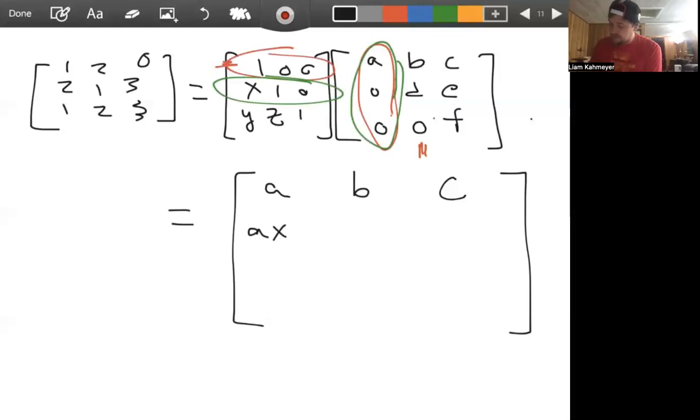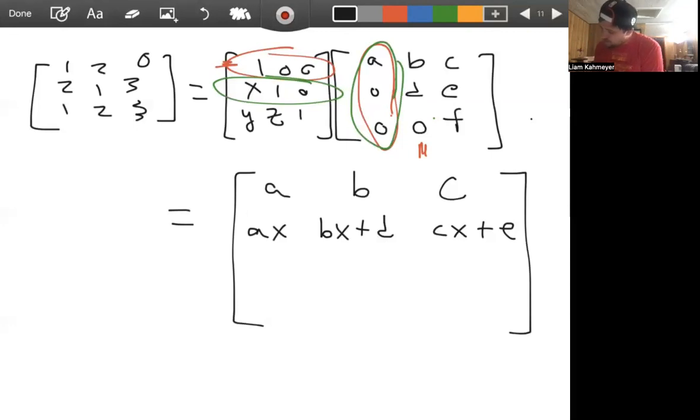Then we'll go to the second row. We have the B, D, 0 column dot with X, 1, 0. That's going to be BX plus D. And then for the third one, that's going to be CX plus E. I'm just doing the matrix multiplication here so that we can equate these two matrices and hopefully solve for all of these unknowns.